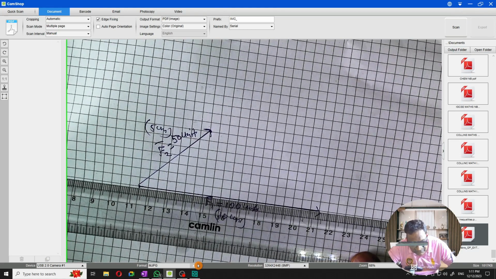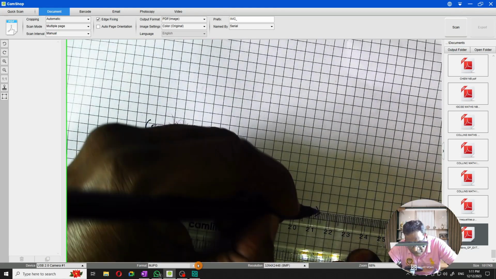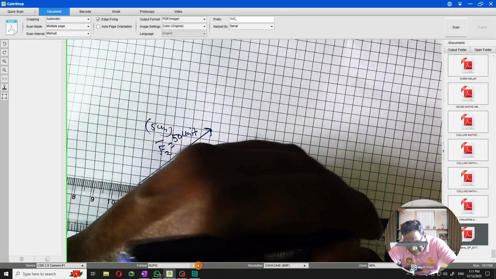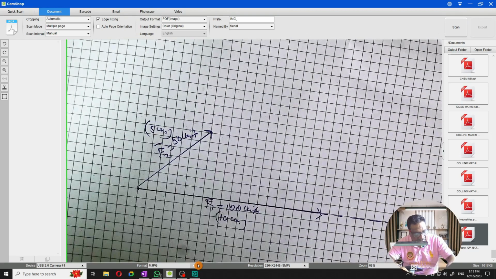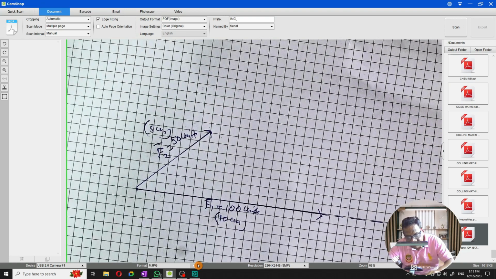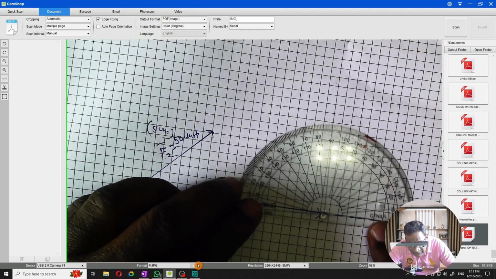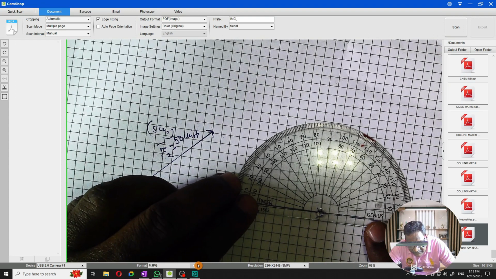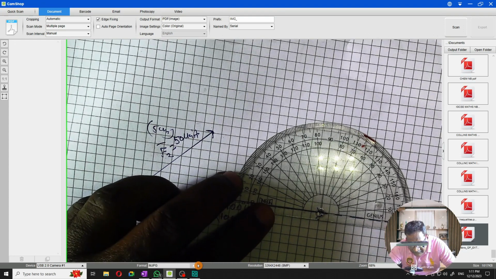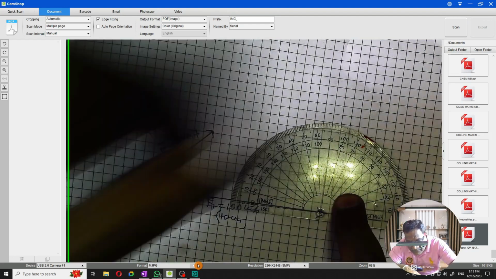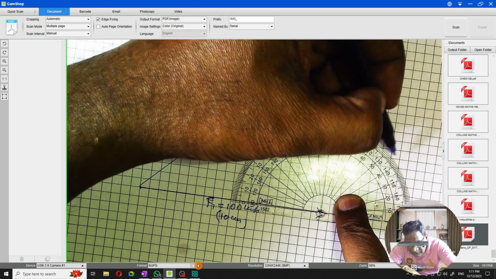So first I'm going to draw this dotted line to get a reference, and now I'm going to take again 45 degrees from this point, right? And that 45 degrees comes over here.